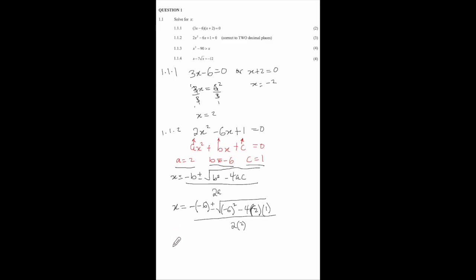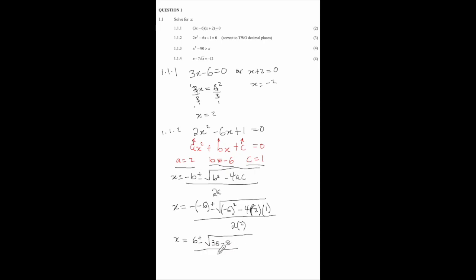So I've substituted everything into my formula as shown here. Then I would go ahead and simplify things. So minus 6, that's positive 6, and then I have plus or minus square root of negative 6 squared is 36, positive 36, and then minus 8, that's 4 by 2, 8 by 1, 8.